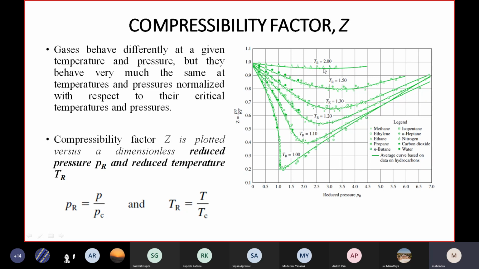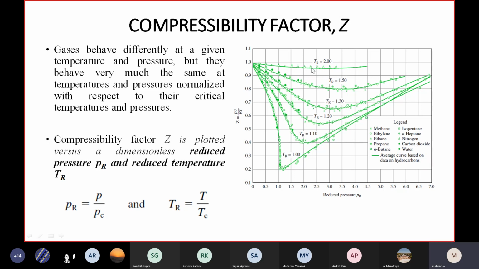Suppose this case, TR equal to 2. That means the ratio of operating temperature divided by critical point temperature is 2, so the gas temperature is 2 times the critical point temperature. That means very high temperature. If it is water, we will be considering it as 700 degrees centigrade.